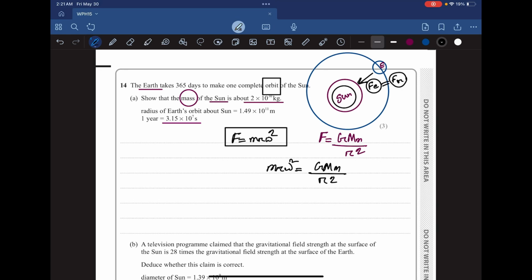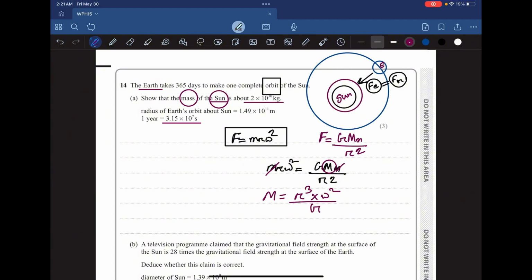Out of this we have to make this M the subject, because this M is the mass of the Sun, and we can cancel out both of the small m. So our formula will become M is equal to r cubed times omega squared divided by the bigger G.